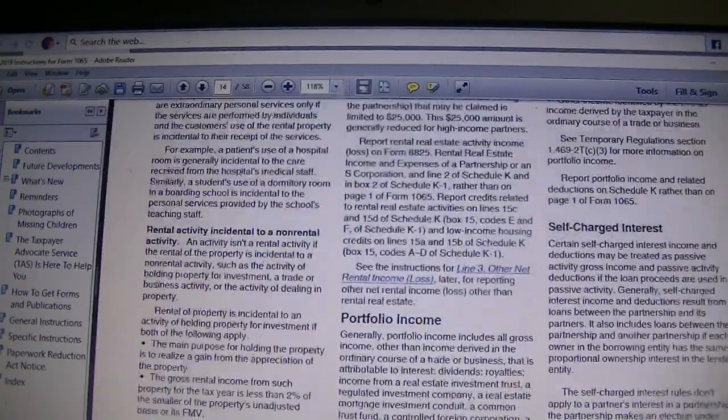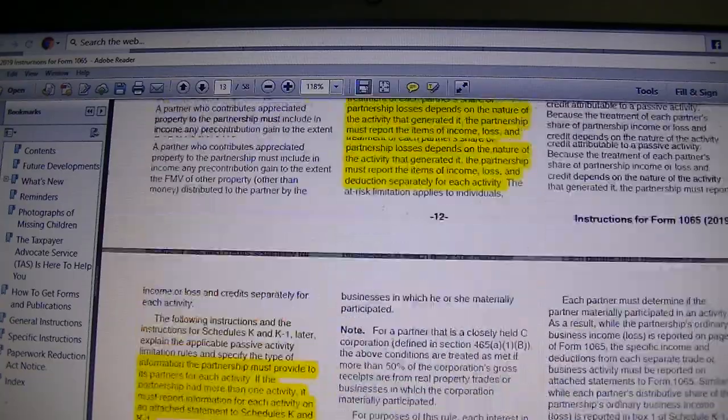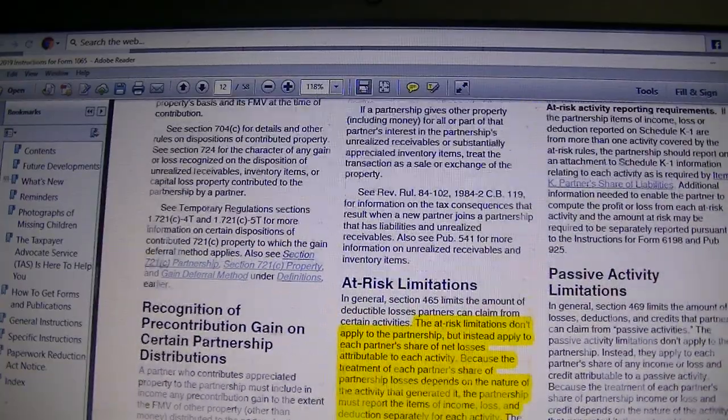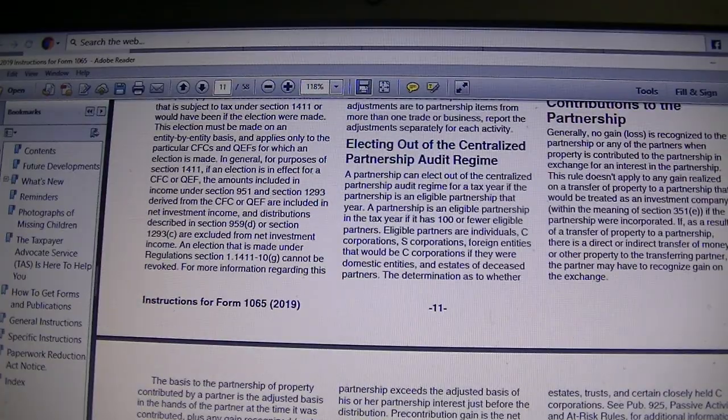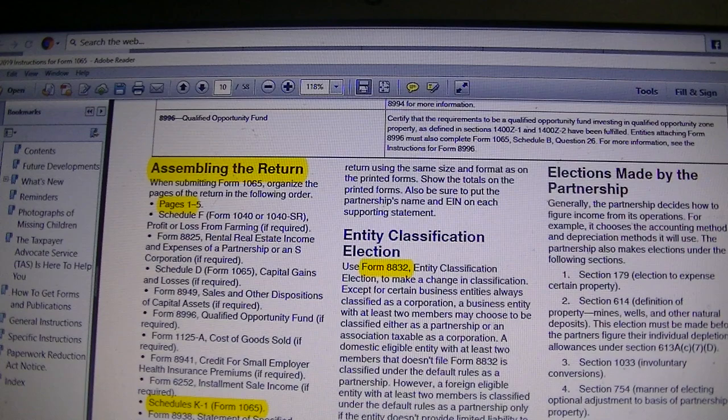I didn't see where they talk about how you'll organize your file. It's in the description, and I thought I highlighted it. Okay, here, assembling the return. So you'll have that page 125, which is the 1065, and then here, I think I got it wrong when I said it earlier, if I put it after K1.